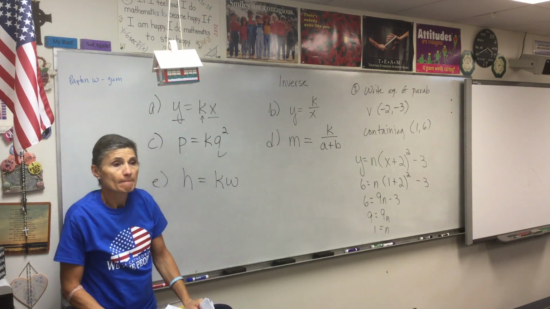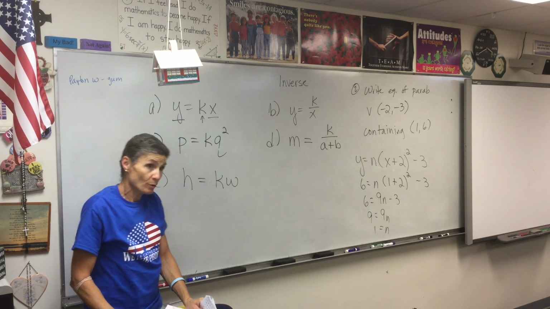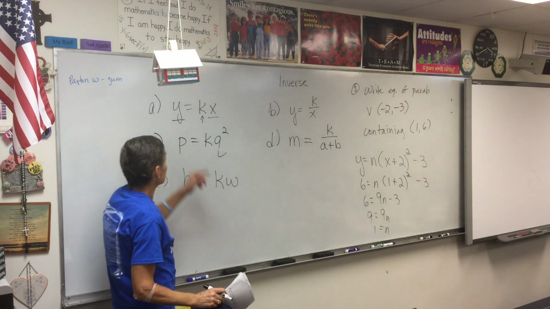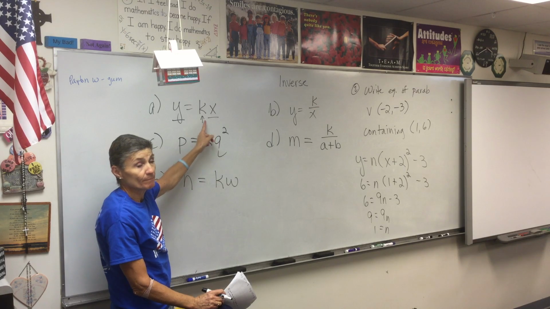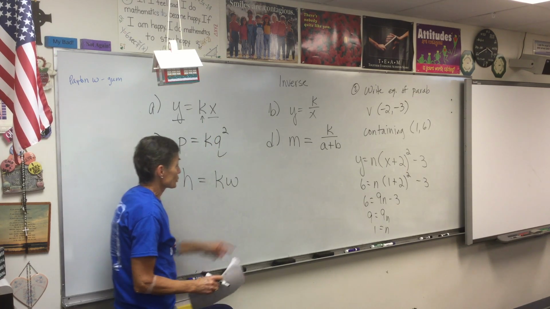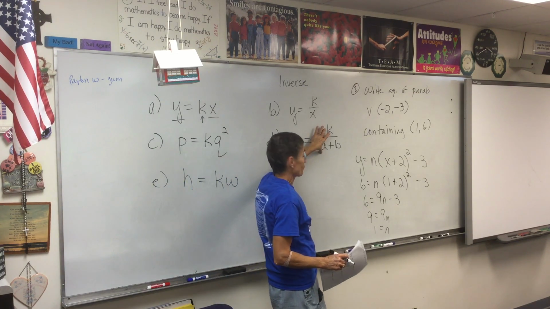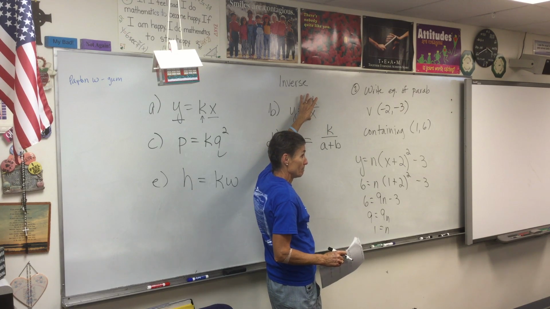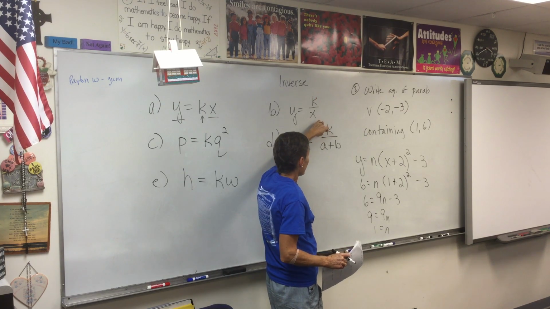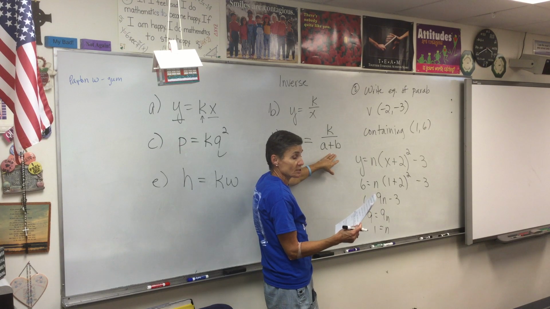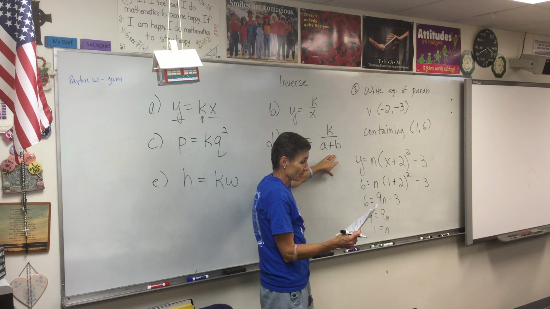Yes? Can it always be on top? When you do inverse variation, yes. When you do direct variation, it's out in front. So M varies inversely. That tells me I have this setup: K over the other thing, which is the sum of A and B.